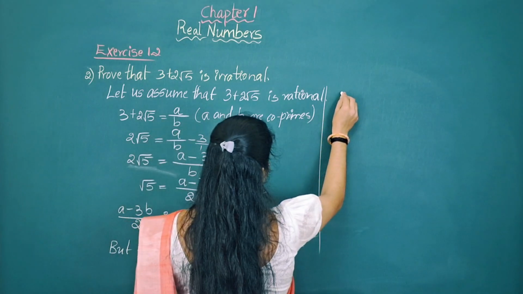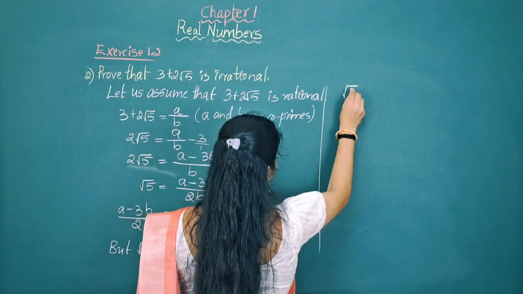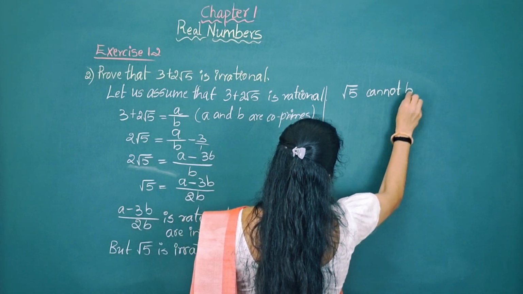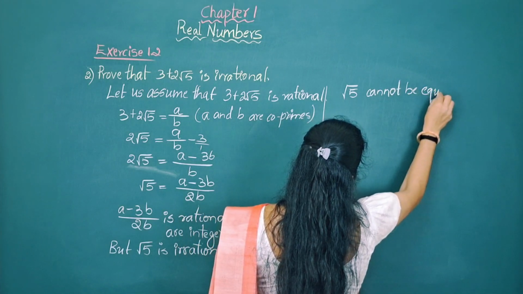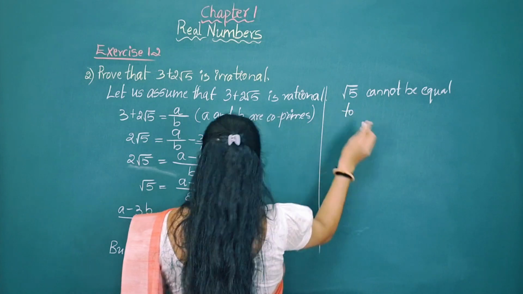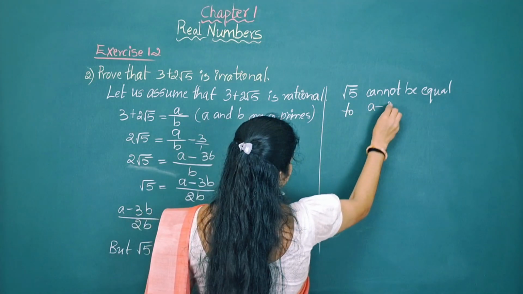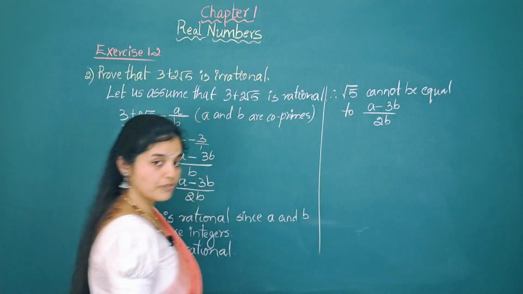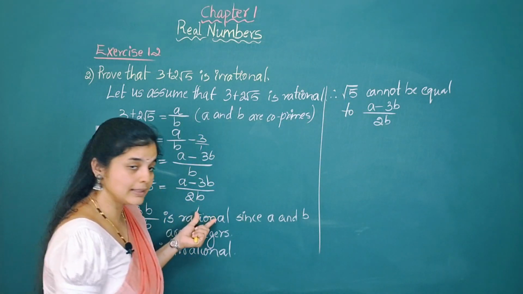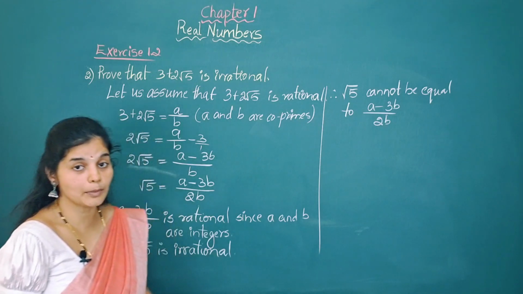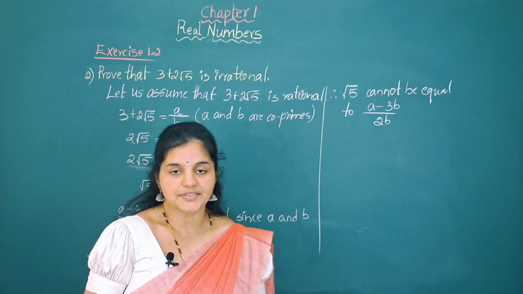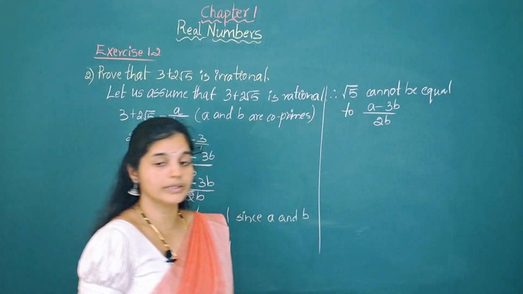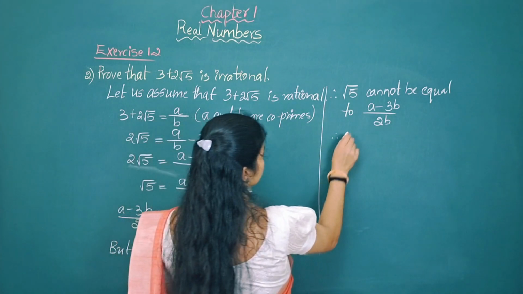Therefore, we can tell that root 5 cannot be equal to A minus 3B divided by 2B. Since root 5 is irrational and A minus 3B divided by 2B is rational, they both cannot be equal. One rational number cannot be equal to an irrational number.